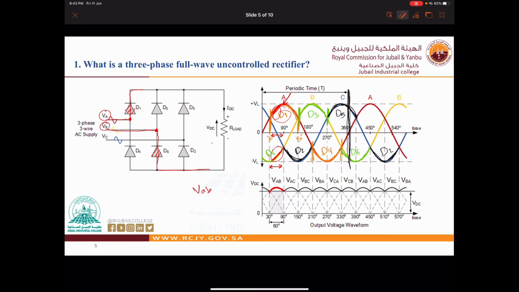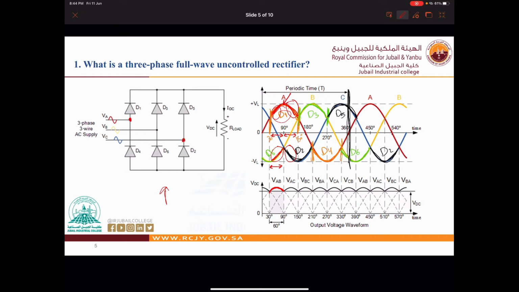Now let me erase. Now let us see the second 60 degree, which is between 90 and 180. This part is for D1 and this part is for D2. It should work with D1 and D2, right? So D1 is here, D2 should be here.